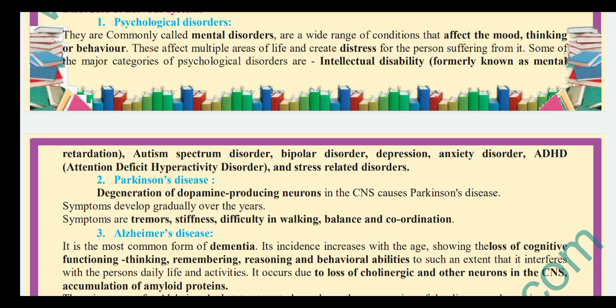Some of the major categories of psychological disorders are intellectual disability, formerly known as mental retardation, autism spectrum disorder, where there is stunted growth and the person cannot find a relation between things, bipolar disorder, depression, anxiety, that is a kind of fear disorder, and ADHD, attention deficit hyperactivity disorder.